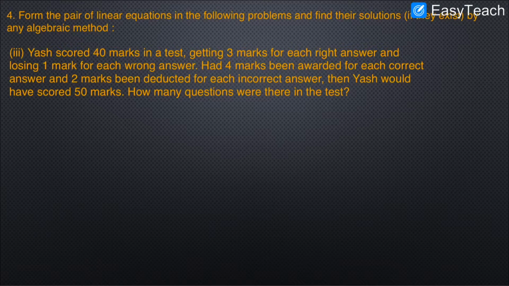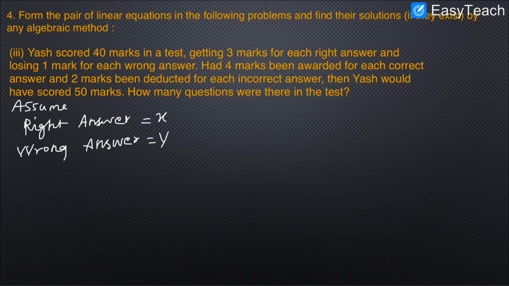If we are able to find how many wrong questions and how many correct questions she did, then if we add these wrong and correct questions together, we will get the total questions in the test.